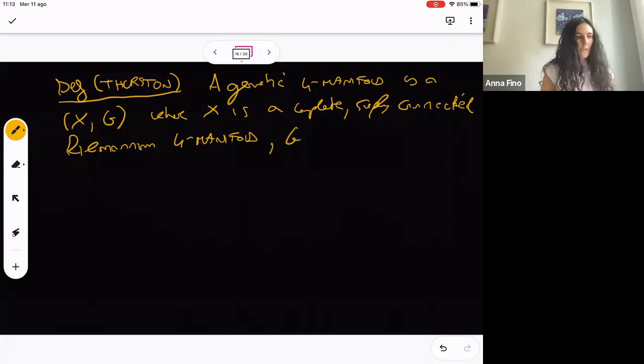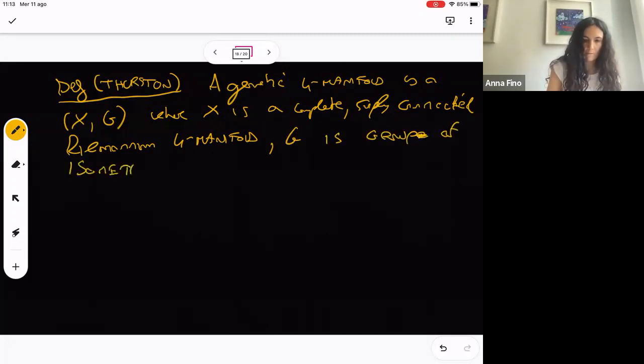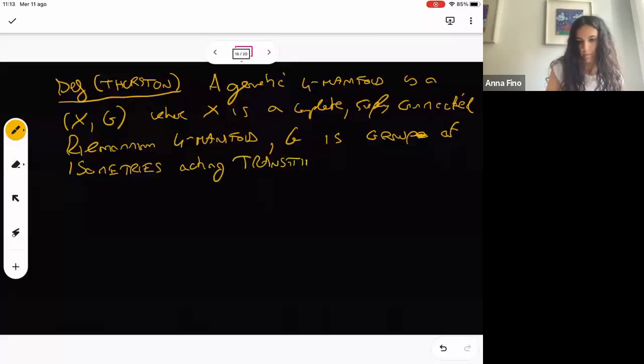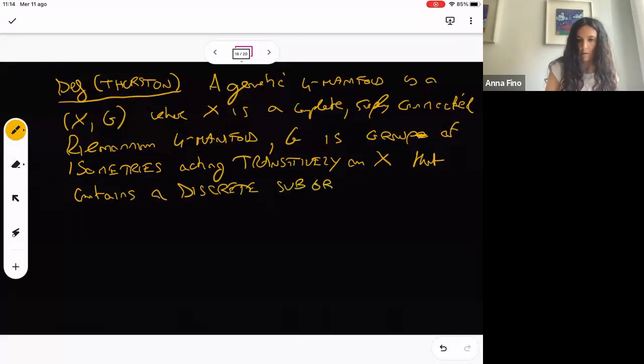and G is just a group of isometries acting transitively on X that contains a discrete subgroup gamma, such that if you take the quotient X over gamma, this has finite volume.